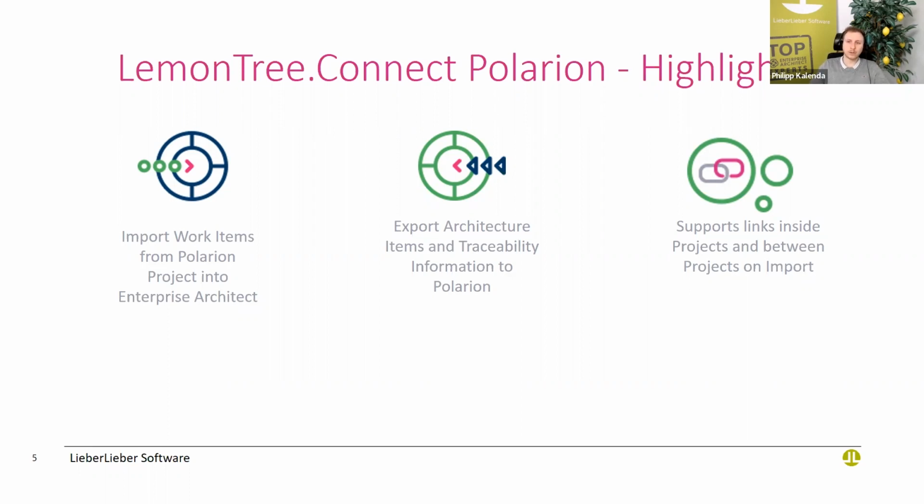And we also support the linking inside of projects. So it's not only about the external linking, so having links between requirements and architecture. It's also about linking internally. So if, for example, architecture elements are linked to each other, or if requirements have dependencies or relationships between them, you can also include those links and map them to other links and import or export them depending on which direction.